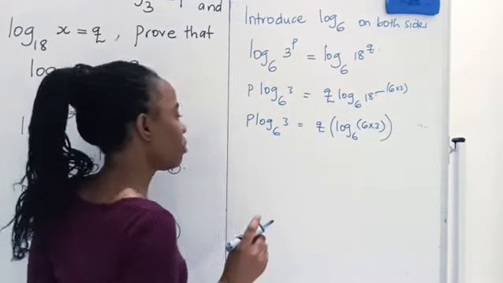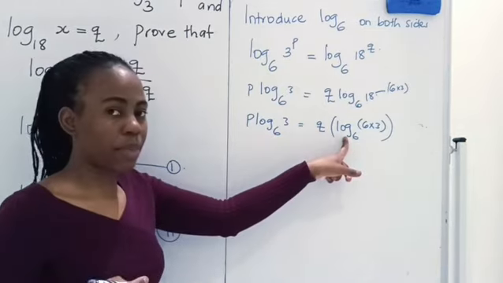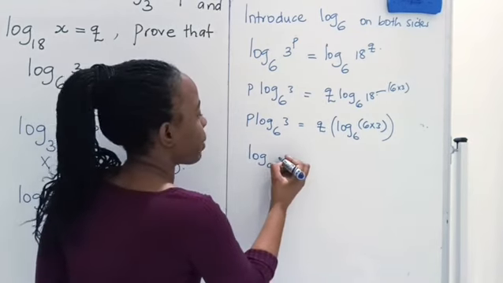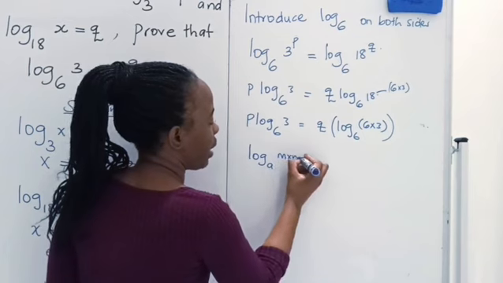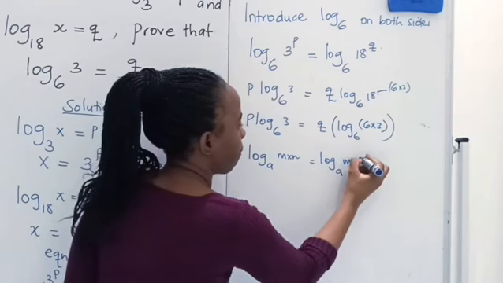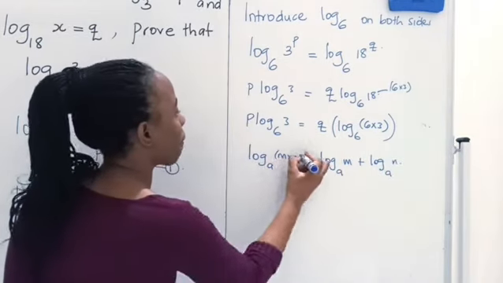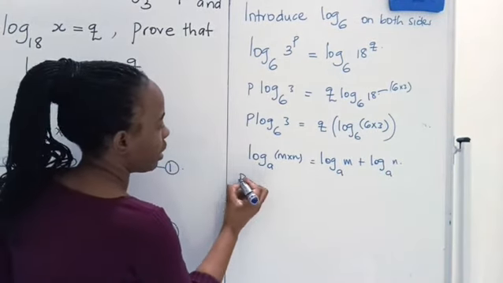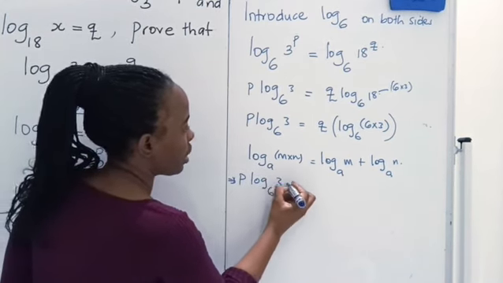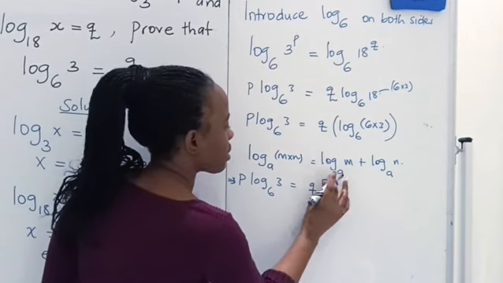Next, we go back to the first rule, the product rule, that if I have log a of m multiplied by n, this is going to be log a of m plus log a of n.